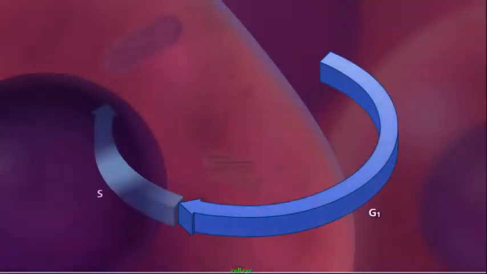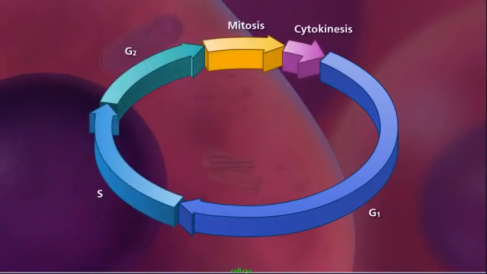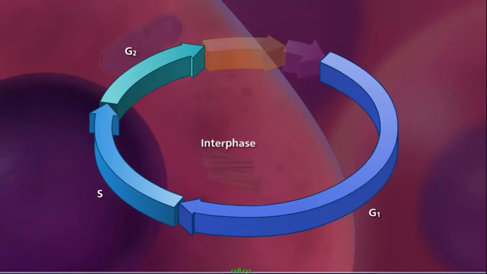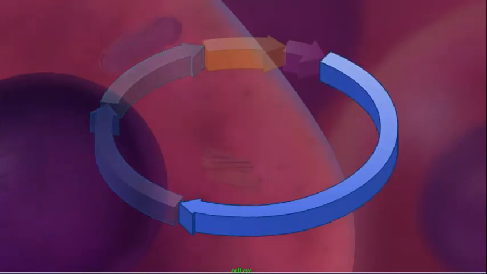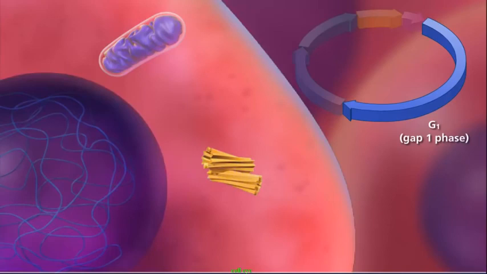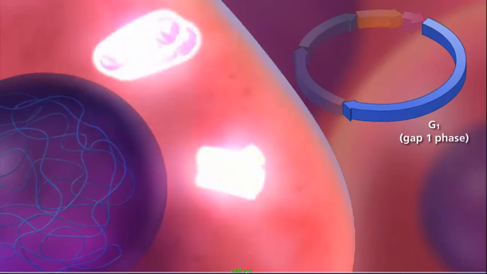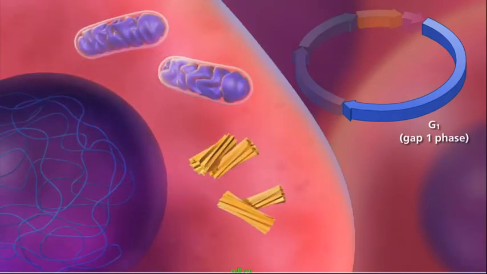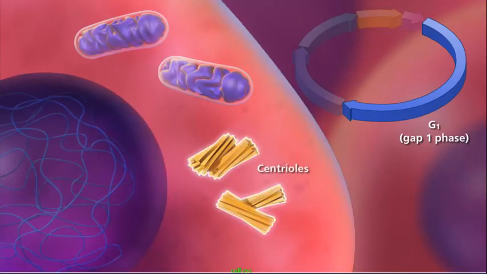The replication of DNA and the formation of sister chromatids is one part of the entire cell cycle. To prepare for cell division, the cell goes through interphase, which can be divided into three distinct phases. During G1 or gap 1 phase, all the organelles and cytoplasmic components, including the centrioles in animal cells, replicate.